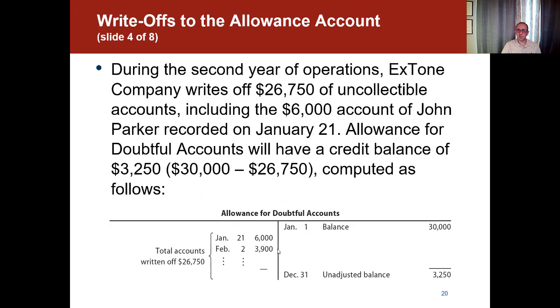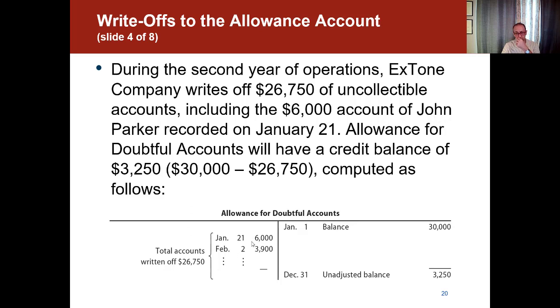So during the second year of operation, Extone company writes off $26,750 of uncollectible accounts. And you can see here, we started with a balance of $30,000 because that was our estimate. Our total write-offs, and it's not just coming from one write-off, it's several write-offs, ended up to be $26,750. This includes the $6,000 account of John Parker recorded on January 21st.